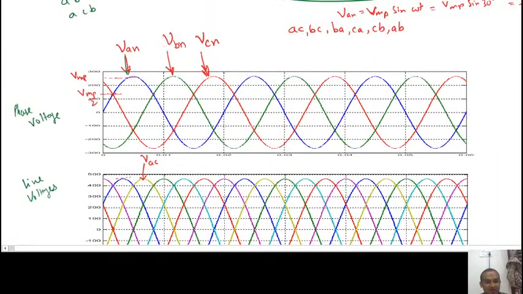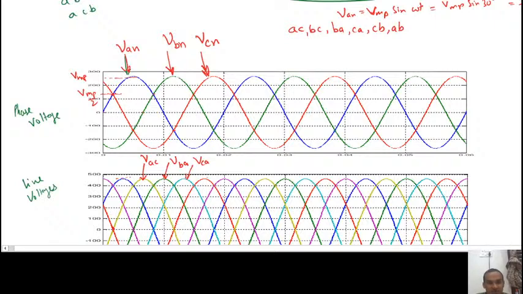So after 60 degree what is next? Green voltage. So this green one is your BA. And after BA there is the light blue one, so this one is CA, and after that we have got the red one.